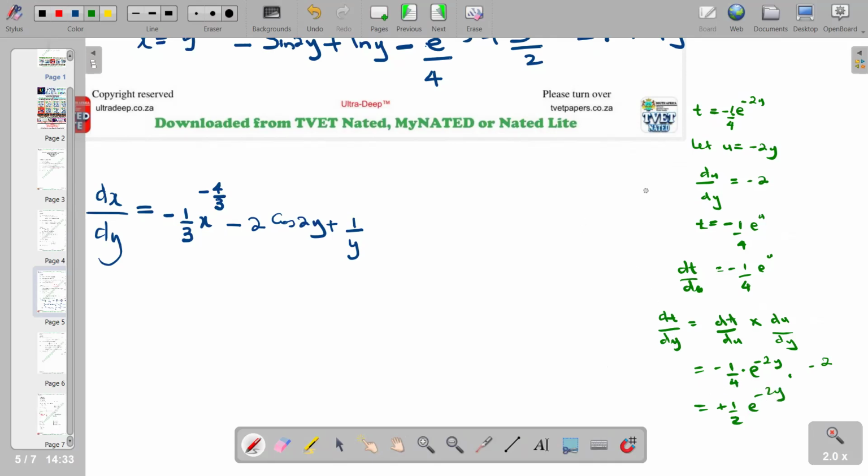So that one is going to give us, when you differentiate, a positive 1 over 2 e to the power a negative 2y.